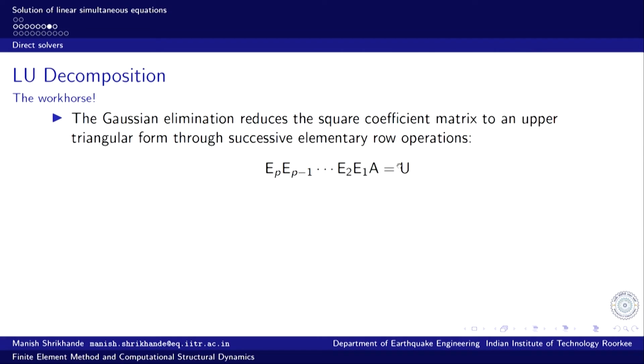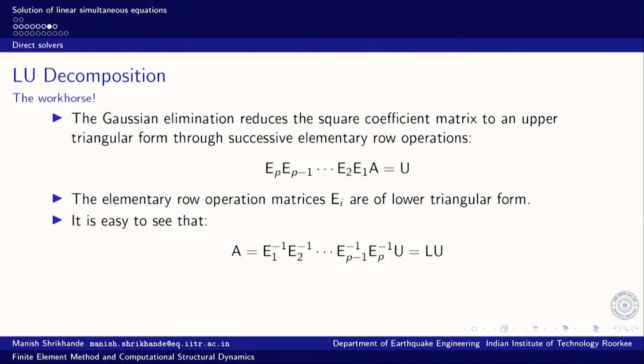Again, as I said, if I just use elementary row operations, the Gaussian elimination process will convert it into an upper triangular matrix, and this entire process is a lower triangular matrix, and its inverse operation is easily computed by just changing the sign of that multiplier alpha. Instead of minus alpha, it will be plus alpha in the inverse of the matrix.